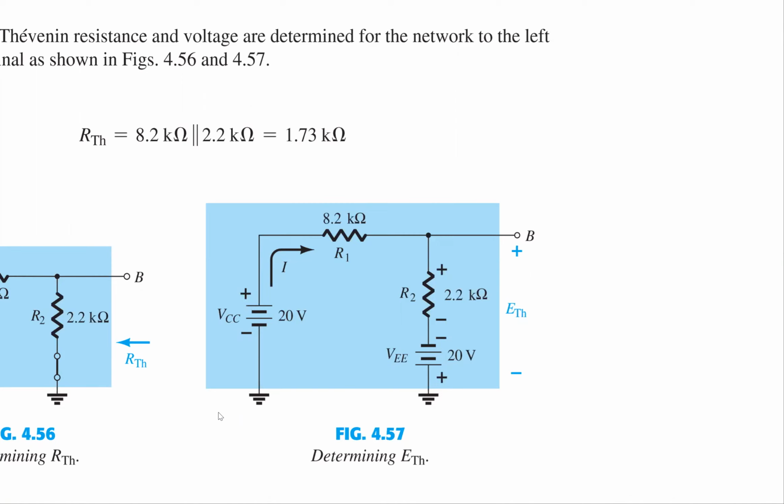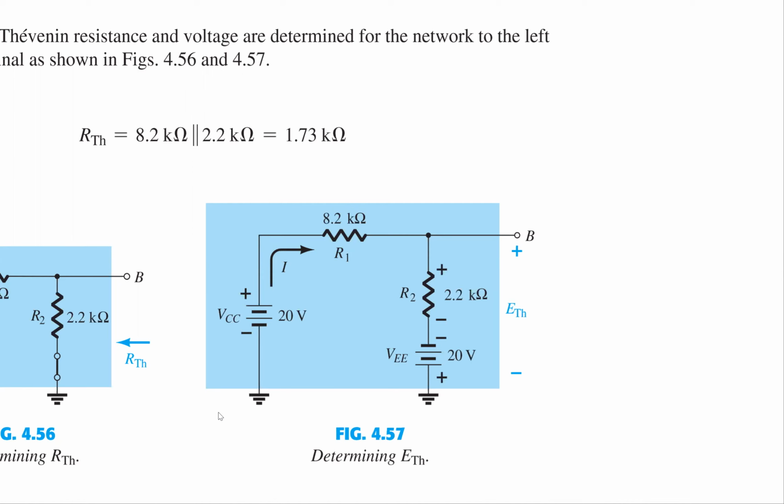We can find the drop in R2 once we have the current flowing inside the circuit. So I into R2 will be the drop across R2, and as we are going in the direction from negative to positive, the voltage will be minus 20 volts with that drop.